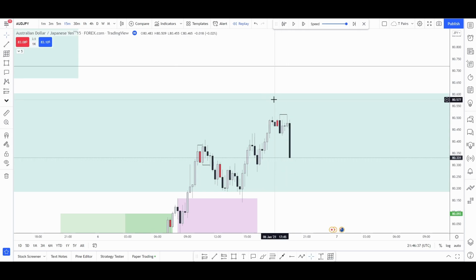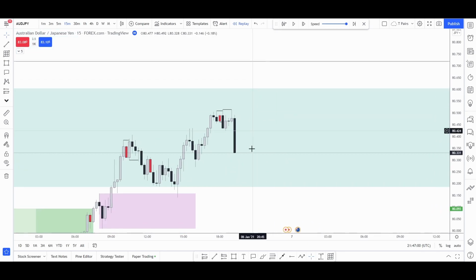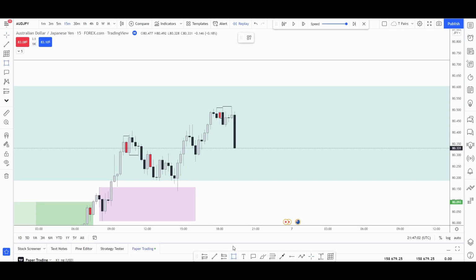So that doesn't quite take the high, but that takes the high there. Within here we've got an inside bar, I think I said order block earlier, not meaning to confuse people. Anyway, I'm interested in this candle here, so let's just mark on here.